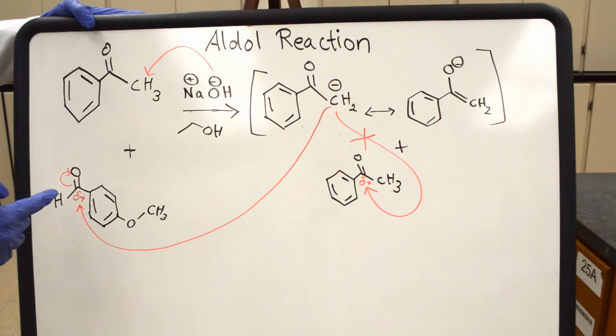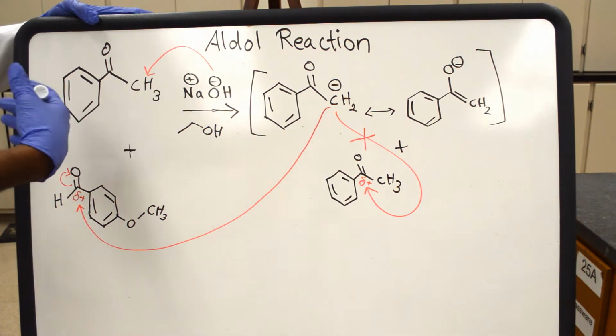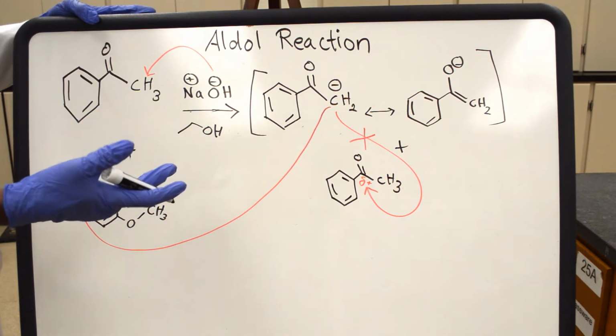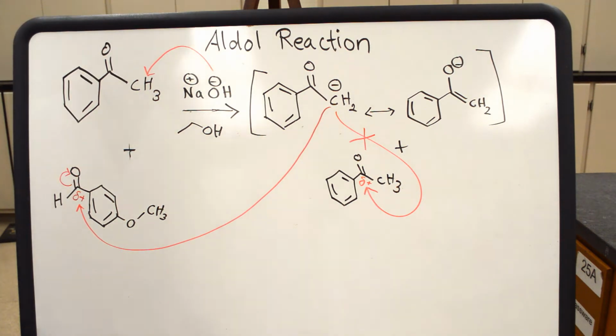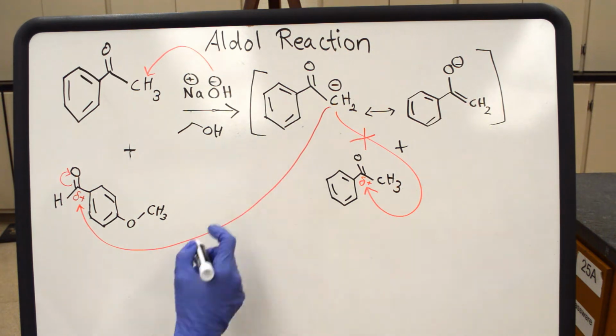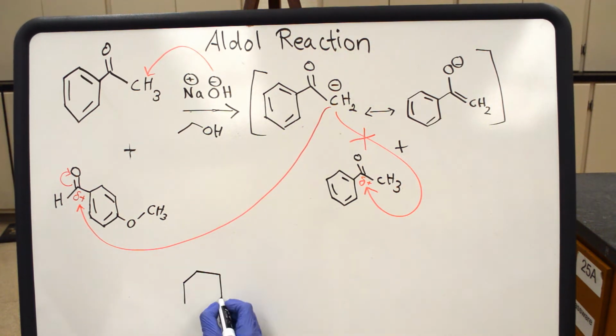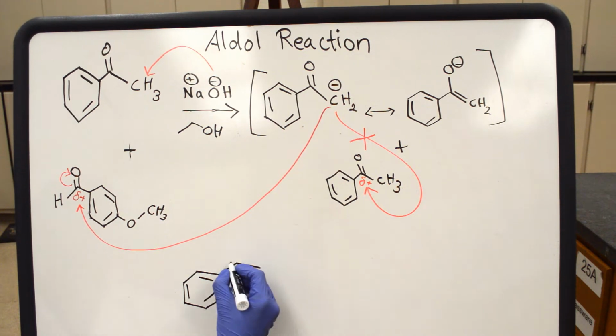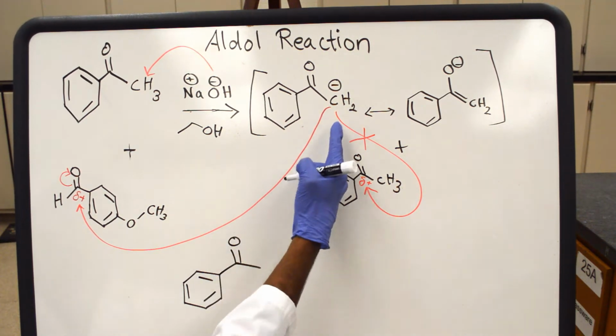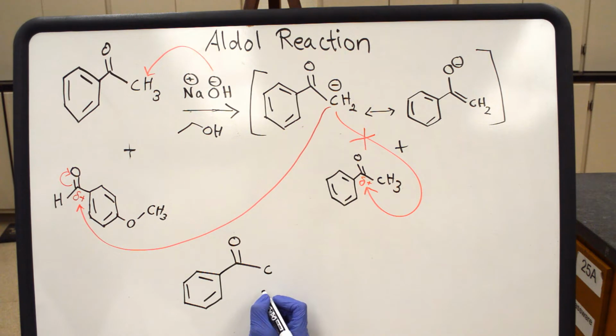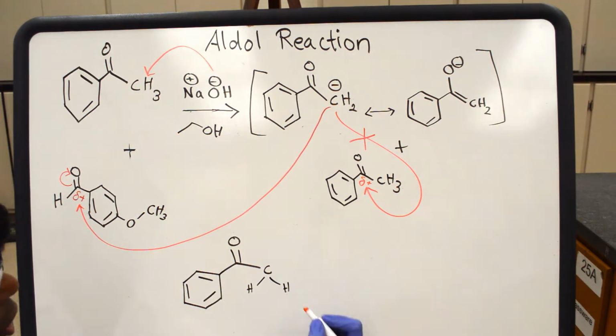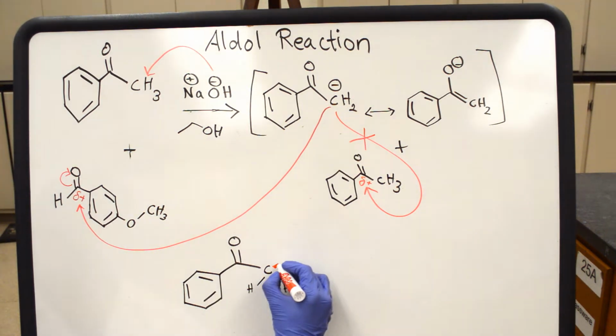Right. Let's draw the product. The product of this aldol reaction is aldol. Okay, here is the benzene, the benzene from the enolate. And the CH2 alpha carbon. And let me draw the new bond using red color.